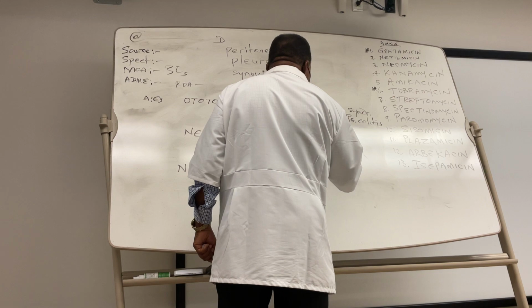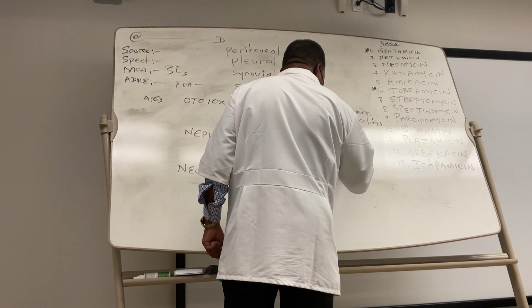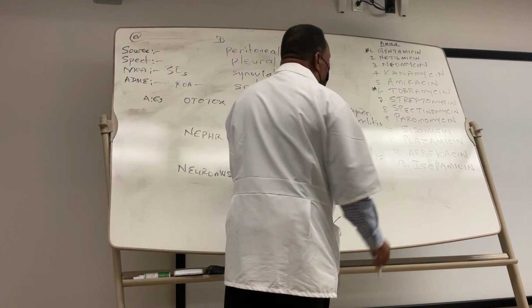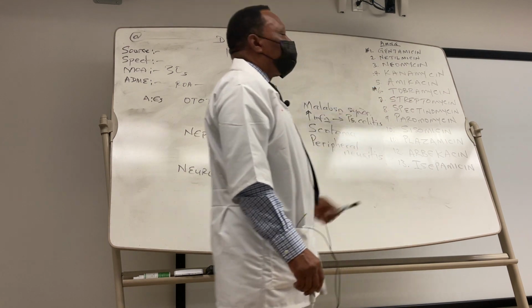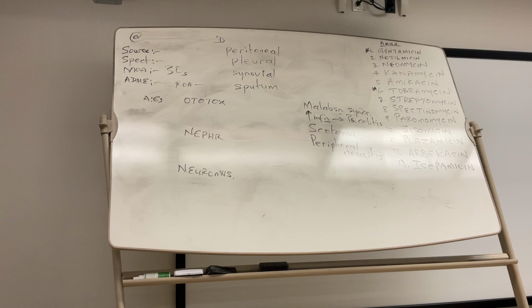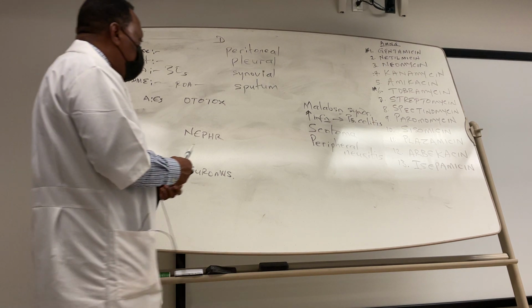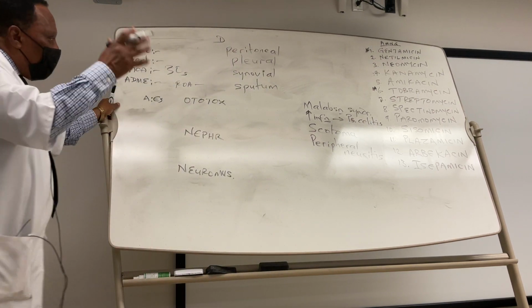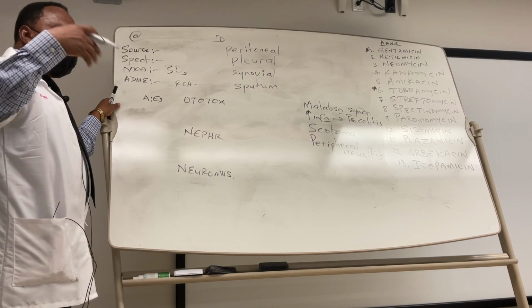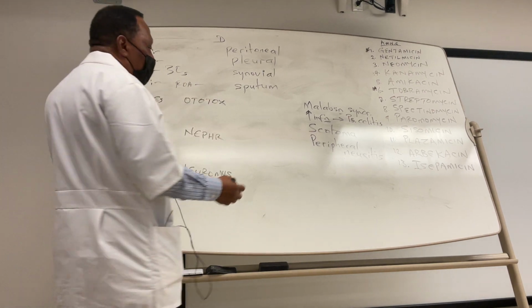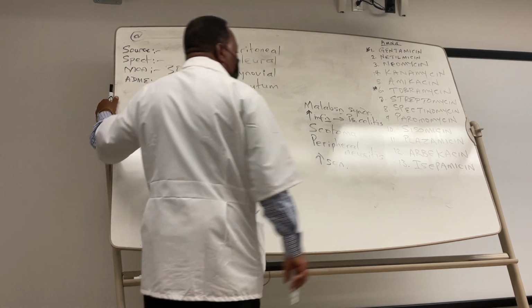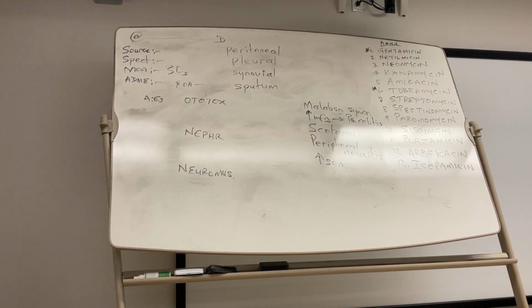And peripheral neuritis is also that streptomycin. It's the one that is most likely to give you that peripheral neuritis. And of course some people are hypersensitive to aminoglycosides, so that can be with any one of them as a possibility.